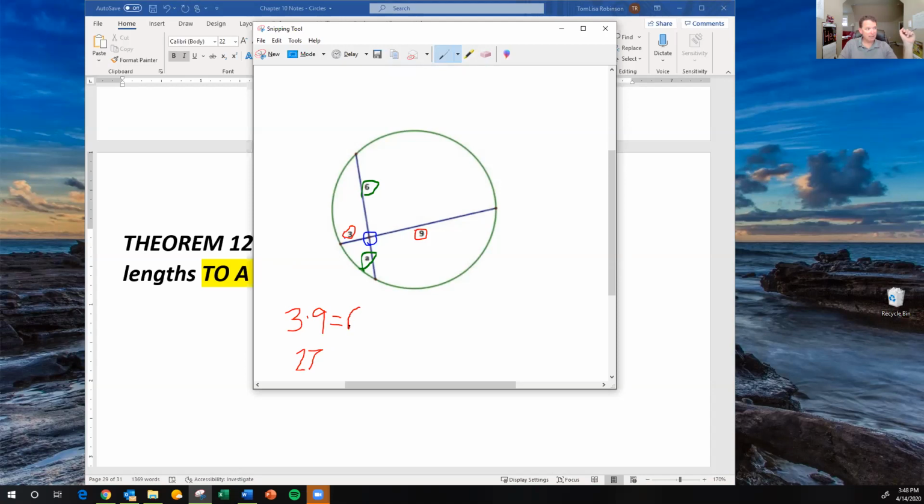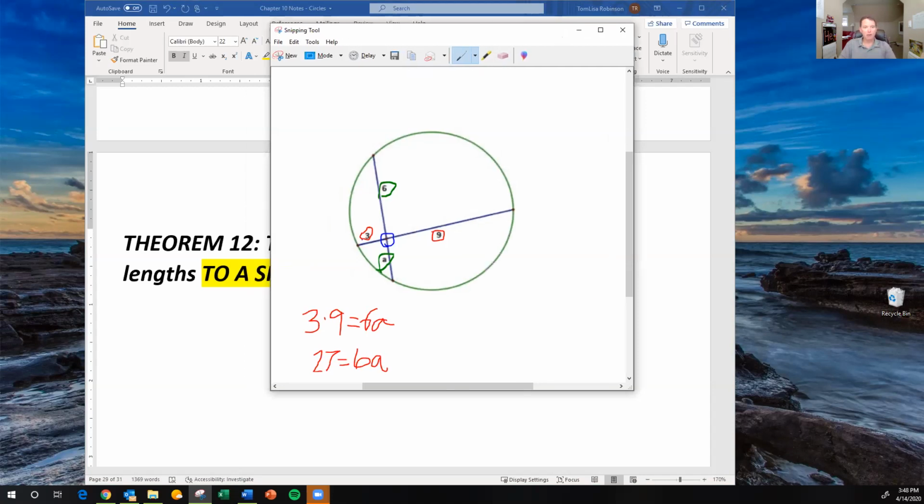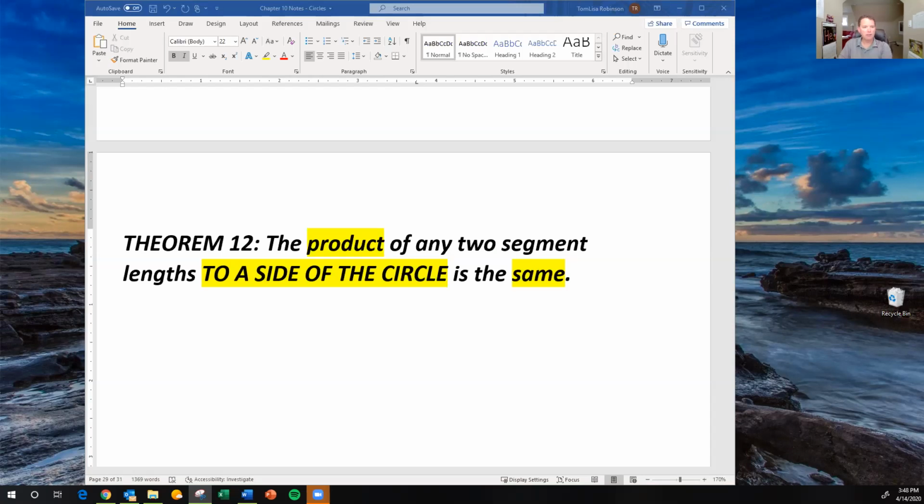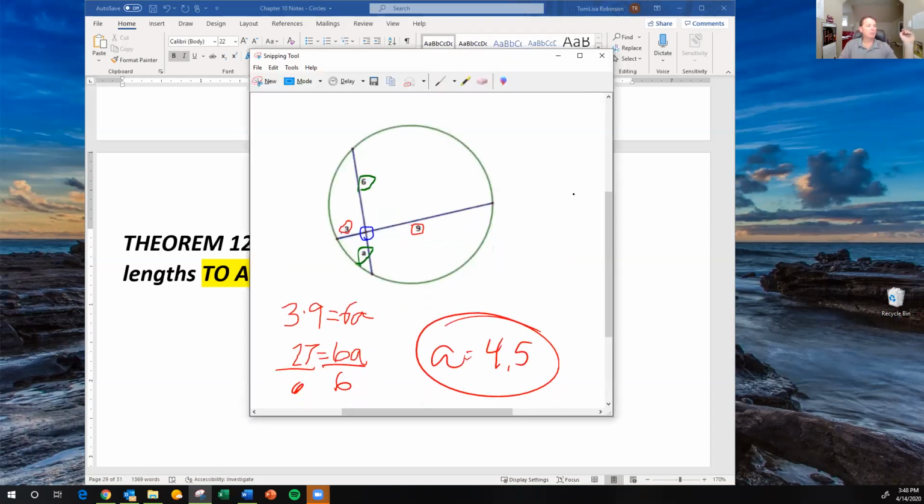That is 6 times A. Okay? So now, I get tired of using my mouse here. Divide by 6, A equals 4.5. And this is where we get our final answer.